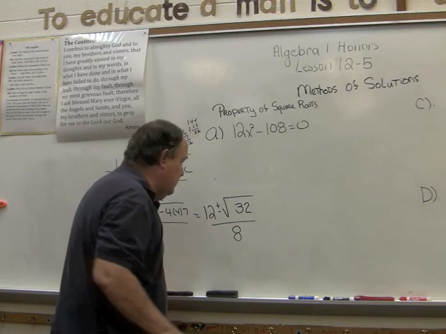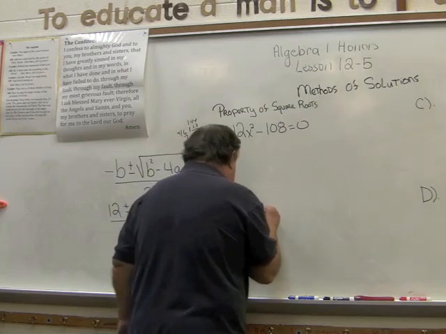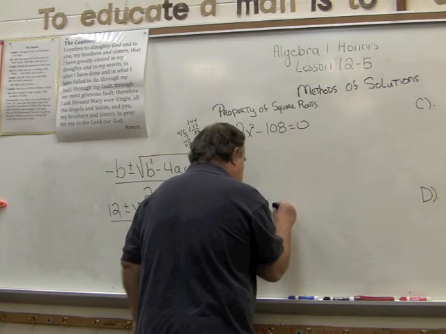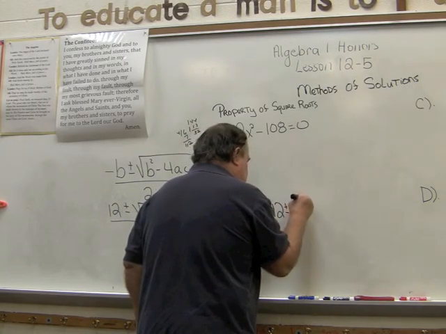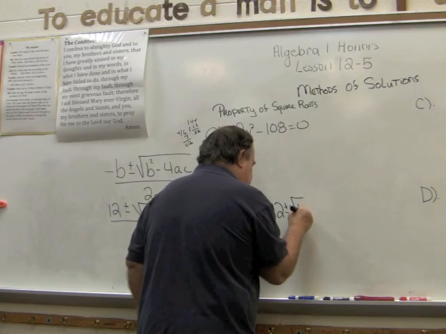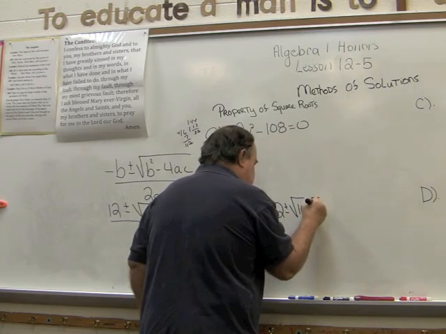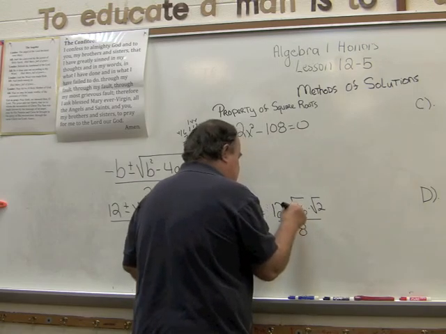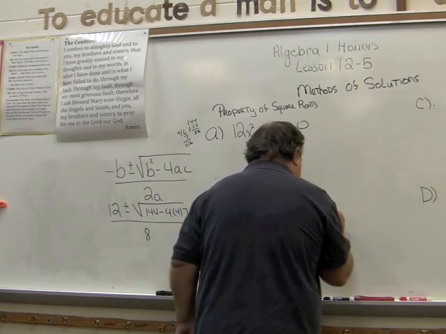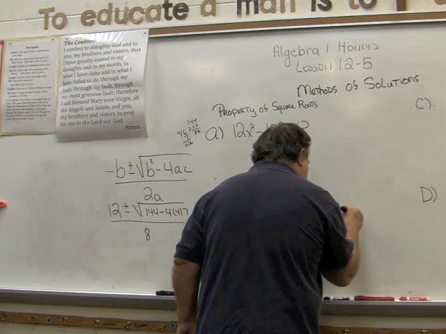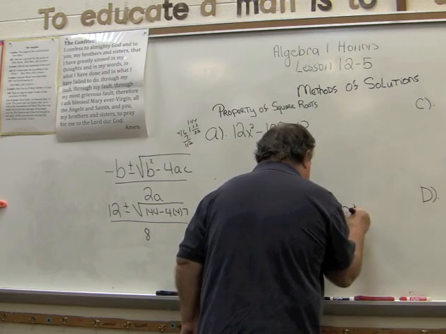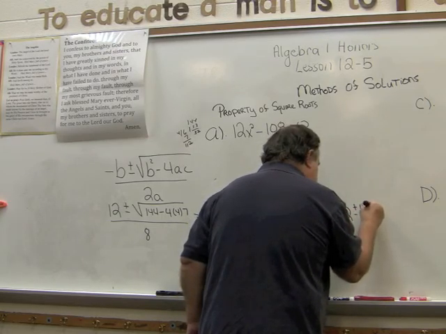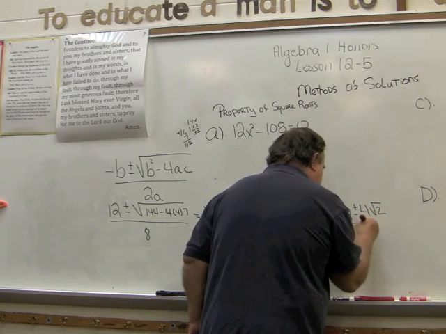So instead of writing the square root of 32, I can write 12 plus or minus the square root of 16 times the square root of 2 over 8. Everybody should know that the square root of 16 is 4, and I'm going to have 12 plus or minus 4 times the square root of 2 over 8.